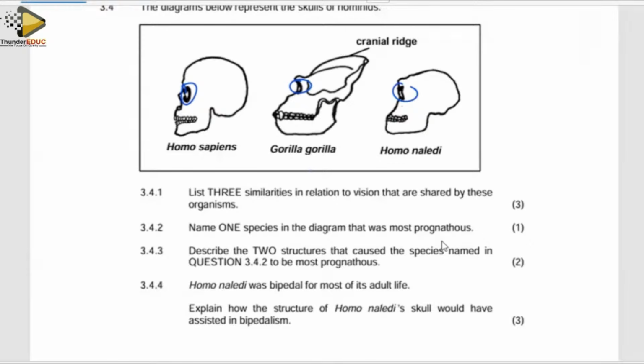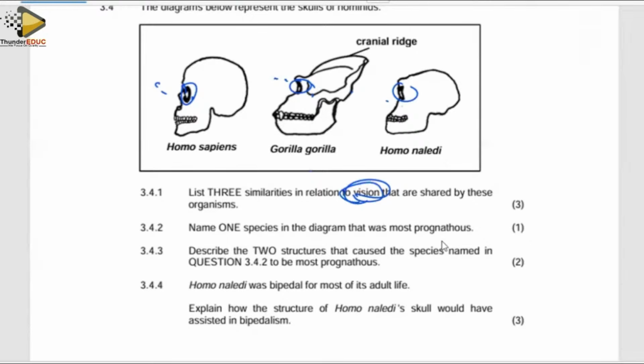All of them have two eyes, and they're able to detect color, and that's why we say there are three. They have two eyes in front. They're able to detect what? Color.